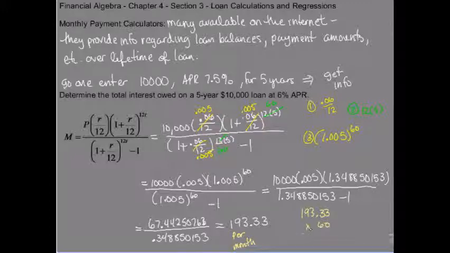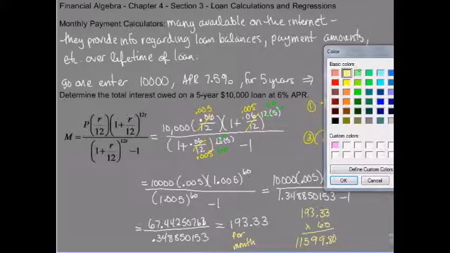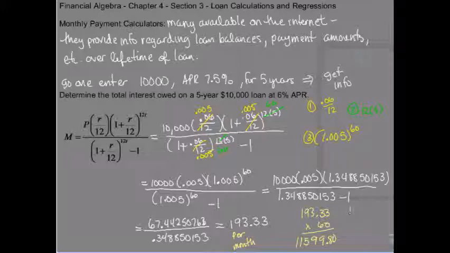But I'm going to make 60 of those. So I'm actually going to pay $11,599.80. And then I'm going to take that and subtract the original 10,000 I borrowed. And that's my interest.